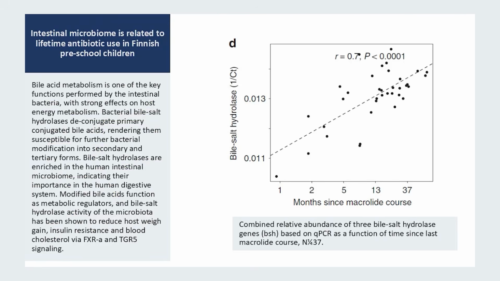To continue with bile acids in these Finnish children, macrolide use was associated with a 10-fold increase in the troublesome genus Agathobacter. And as you can see in figure D, as time passed, the genes which direct the production of bile salt hydrolase took many months to recuperate.